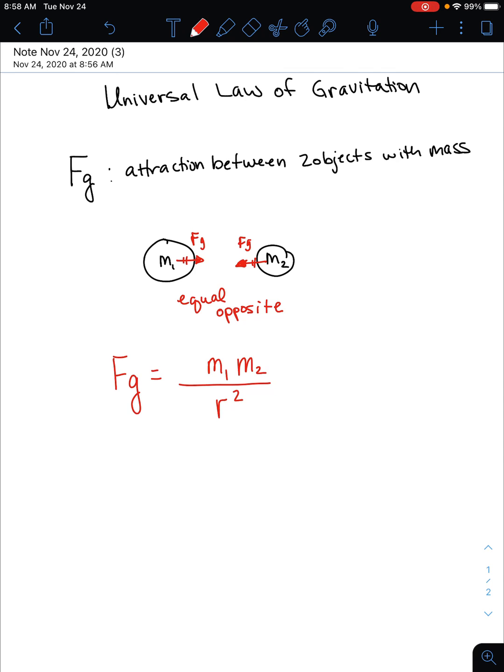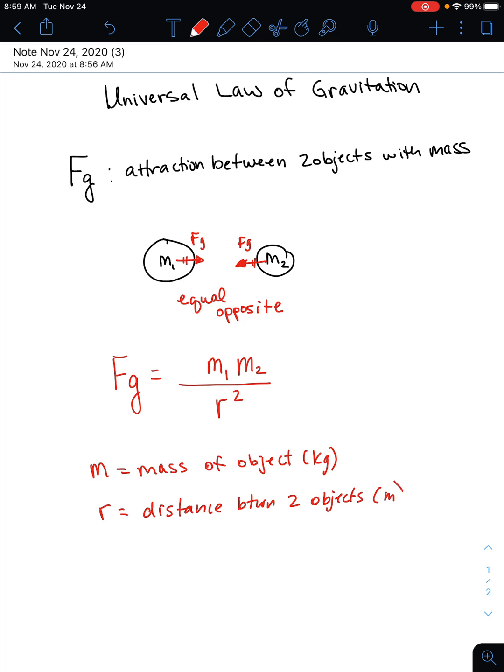So when we're dealing with the force of gravity, you have mass, the other person has mass, and the distance that you are apart needs to be squared. So M stands for the mass of the object measured in kilograms. R stands for the distance between the two objects measured in meters.